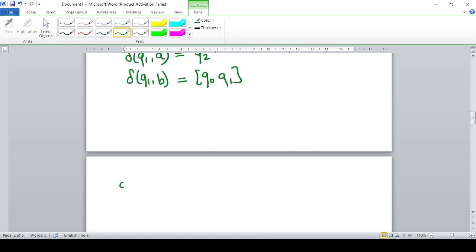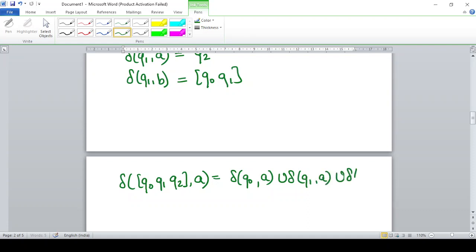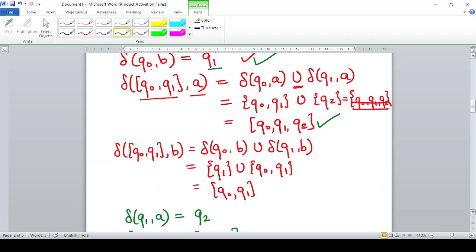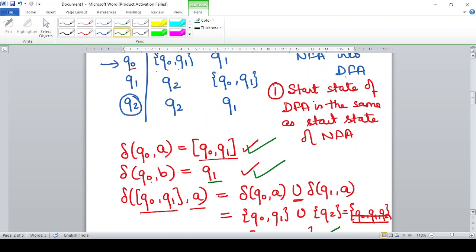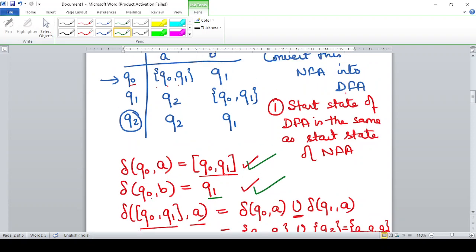Next is delta of q0 q1 q2 with input A. It means delta of q0 A union delta of q1 A union delta of q2 A. So q0 A is q0 q1, q1 A is q2, and q2 A is q2.